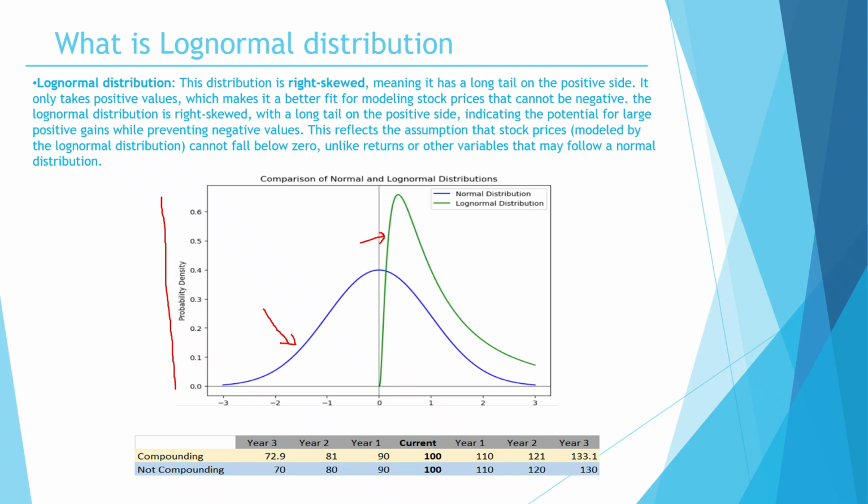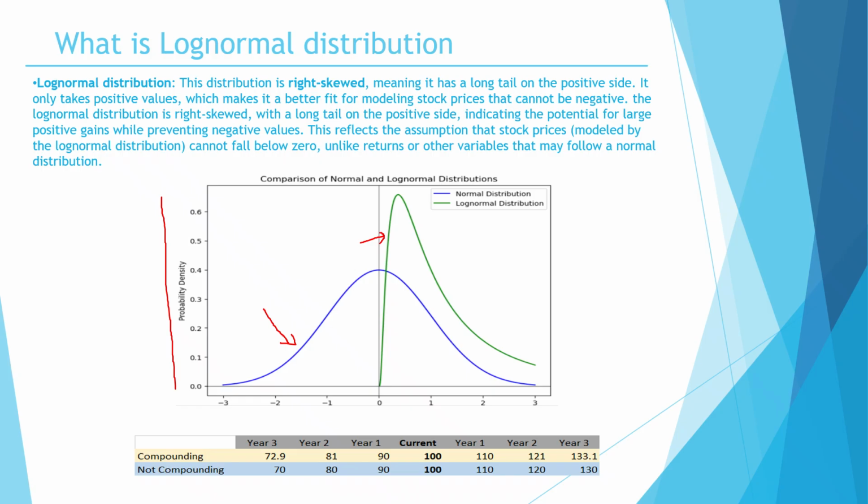Now, when you look at the normal distribution, which is the blue line, you observe that it is symmetrical on the right and the left side. So it has a symmetrical nature.